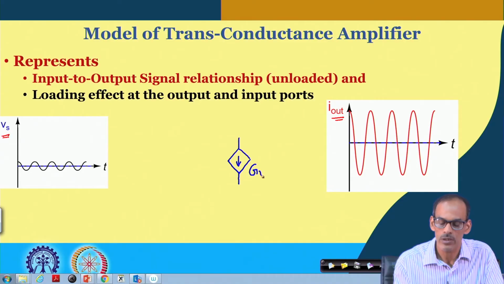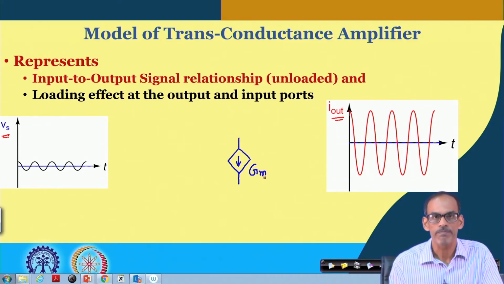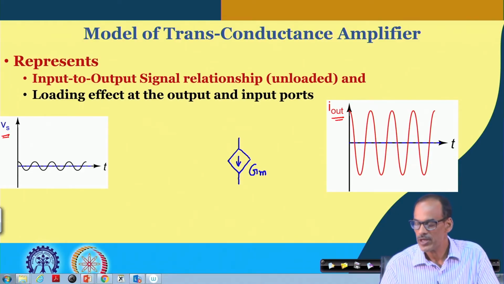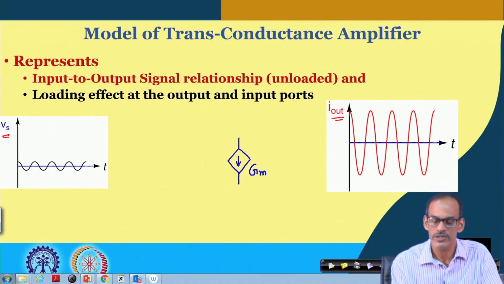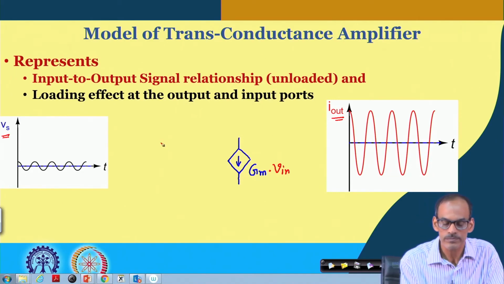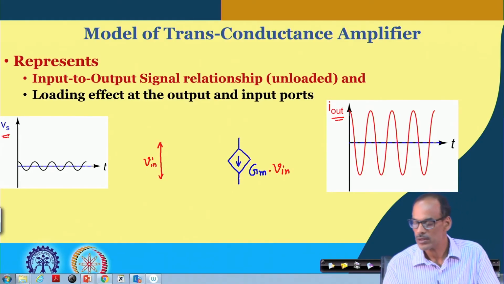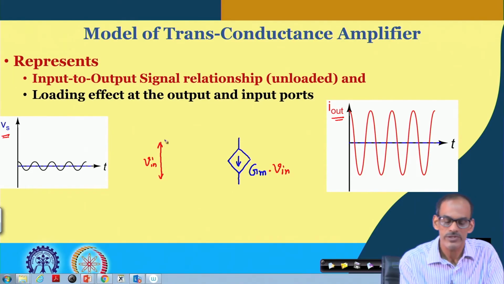We denote this parameter by capital G_M, called transconductance, multiplied by the corresponding signal, V_in, which is the input port voltage of the circuit.